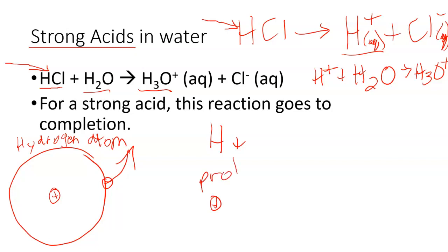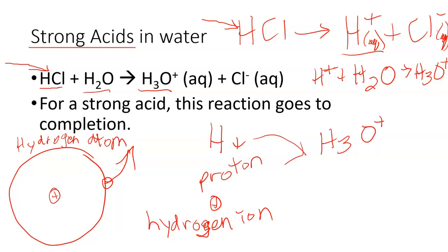So sometimes you'll hear H plus also called a proton, because all it is, is a bare proton. This is also called the hydrogen ion. This H plus is going to be attracted to the first water molecule it can find to form H3O plus. And this is also called the hydronium ion.